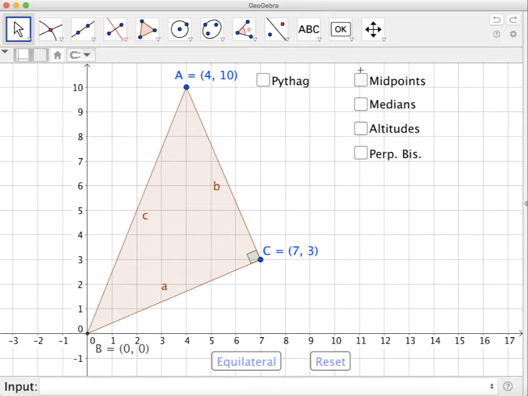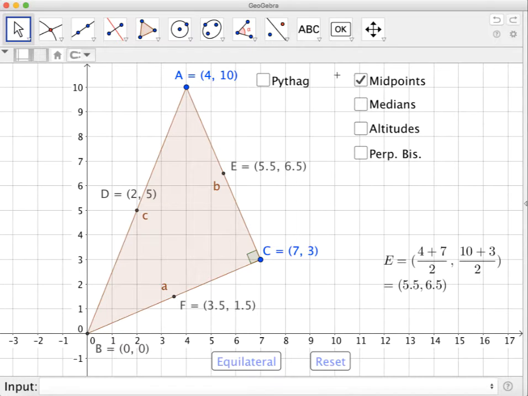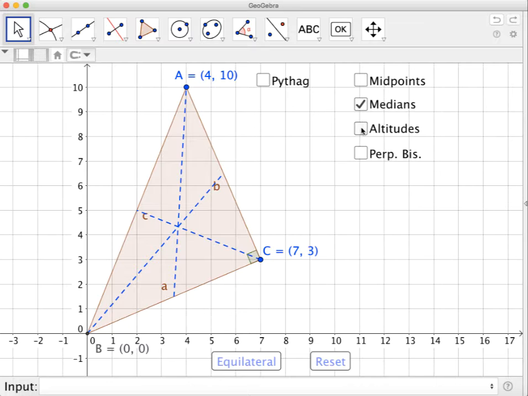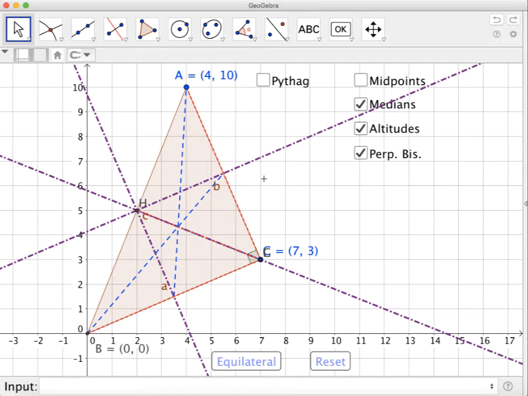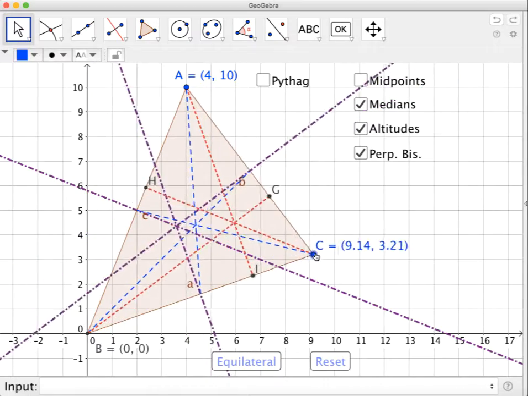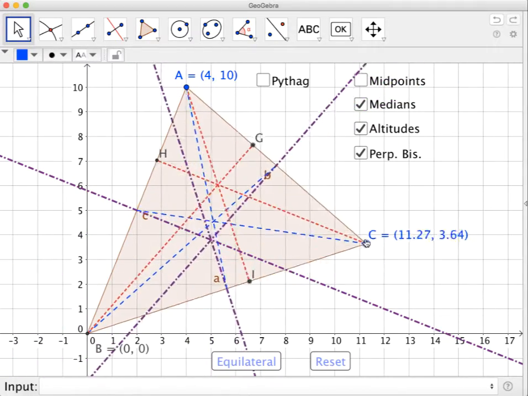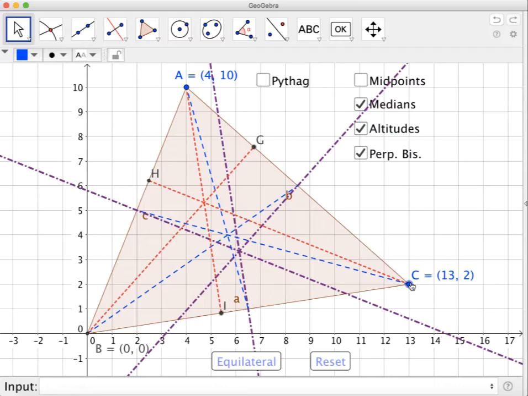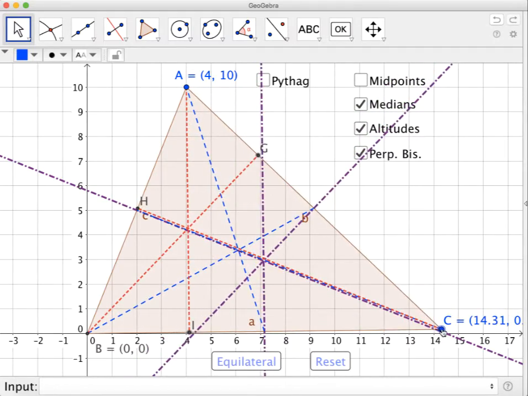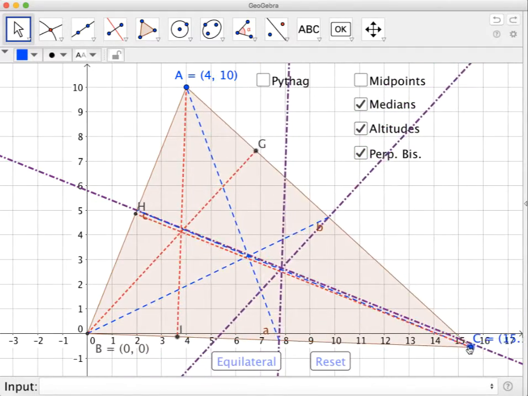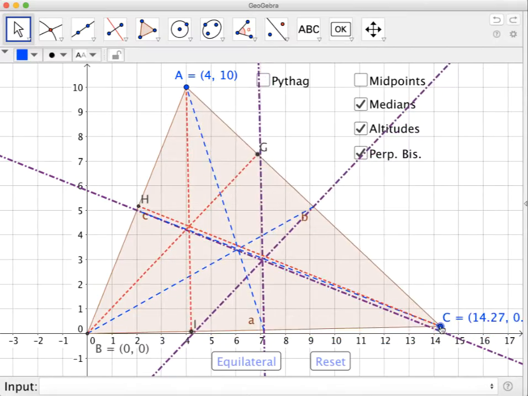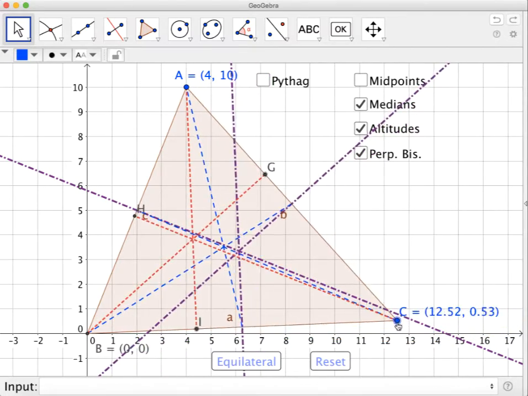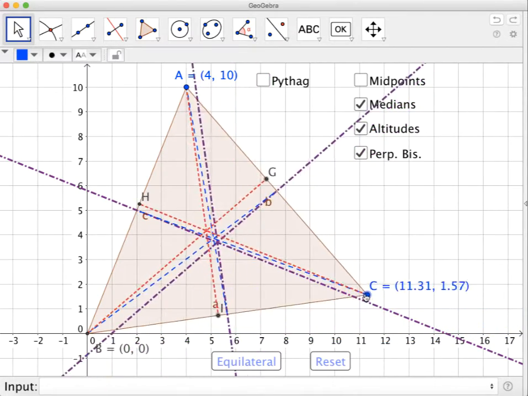The other thing we want to look at is, suppose that we show all of our medians, altitudes, and perpendicular bisectors at the same time. Well, they're sort of all over the place, and we can influence where they are by moving point C. We can see that when C falls somewhere along this purple line, our purple and red lines start to coincide more, or at least to some extent.